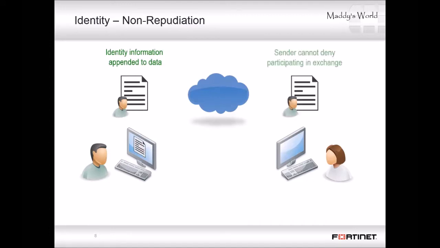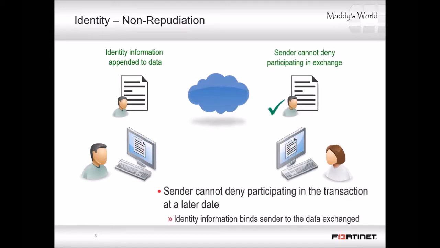Finally, and related to authentication, is non-repudiation. This means that the sender cannot claim later that she or he did not transmit that data. The sender's identity is somehow bound to the message. So, interrelatedly, data integrity is important. You want to ensure that the non-repudiation data hasn't been forged, or the non-repudiation would be very weak.